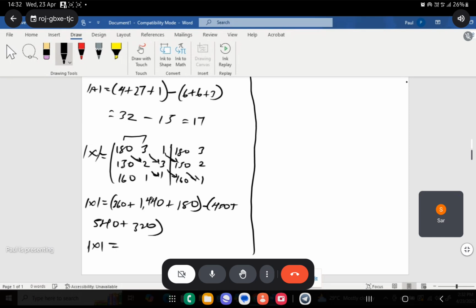So therefore X becomes 360 plus 1440 plus 150, which is 1950, minus 450 plus 540.